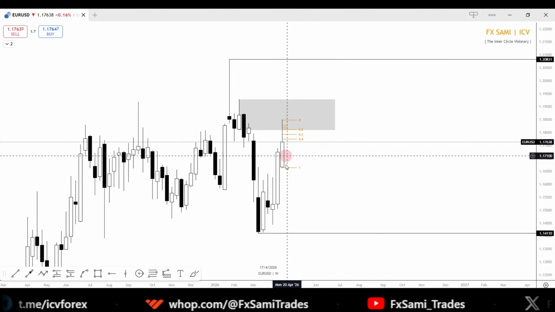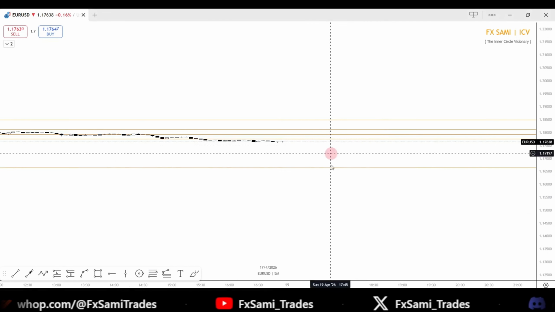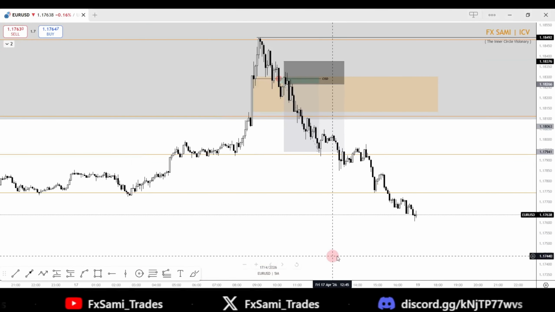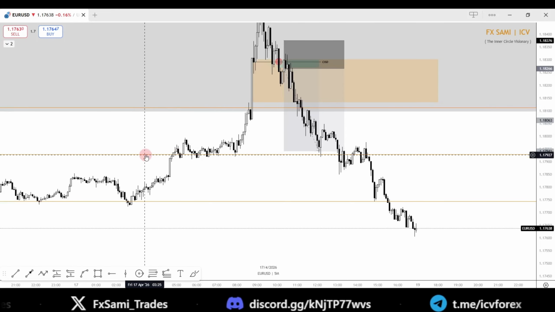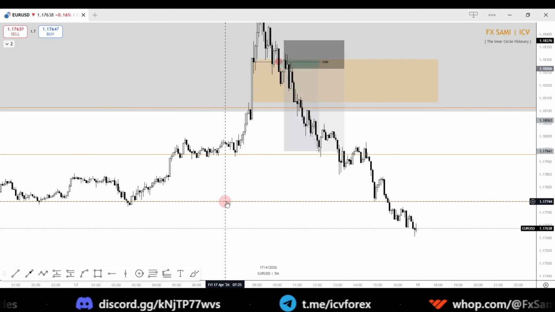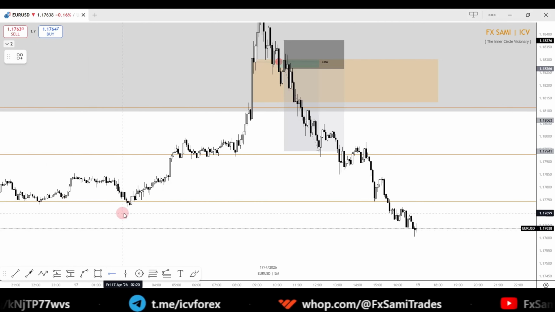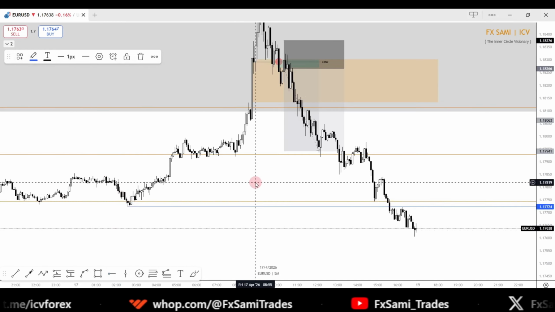So these right here are our target projections. Go back to the 5-minute, and right here, this is our target 1, this our target 2, this is our final target. And as you see, the final target aligning with those sell-side liquidity down here.